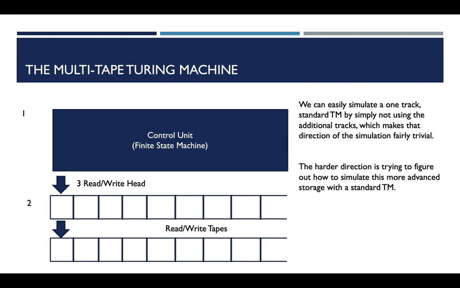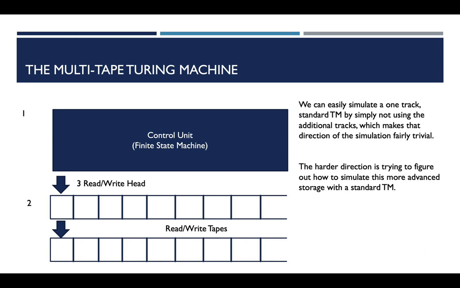We would just need some way of denoting where one tape starts and one tape stops. And you could manage storage by doing exactly the same types of algorithms that you do with array allocation in C. You would effectively increase the size of one of the tapes by shifting all the other tapes in one direction and then freeing up a cell for the tape that you're trying to expand.